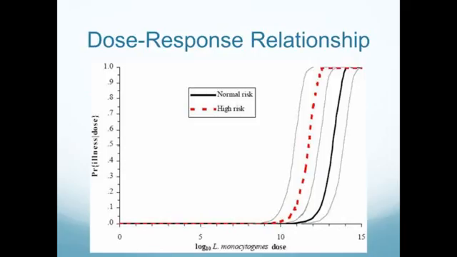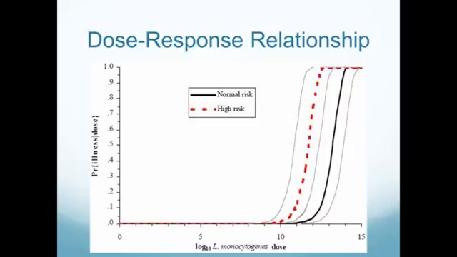So we do a dose relationship curve, and so what we have is the probability of causing illness compared to the actual dose. This isn't CFU per gram, this is log CFU per dose. And as you might suspect, when we look at high risk groups, such as the elderly, pregnant, immunocompromised, the dose required to cause illness is less than that of a healthy person.